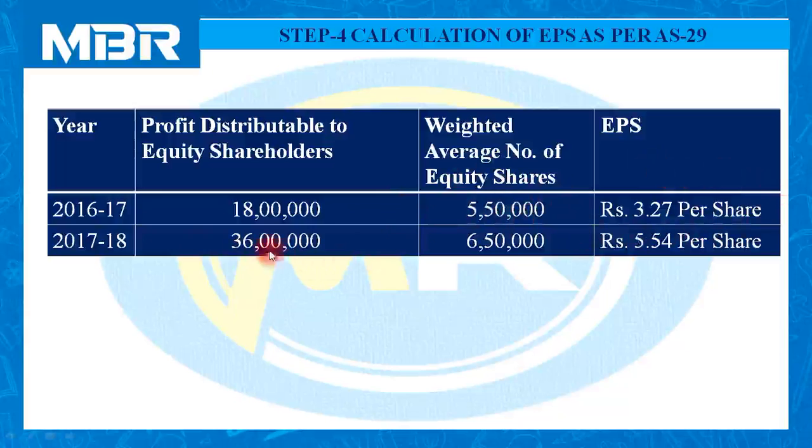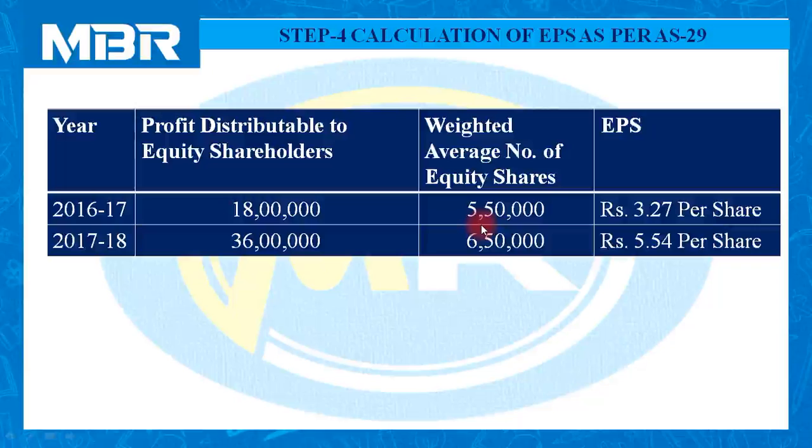And for the year 2017-18, information regarding profit distributable to equity shareholders, rupees 36 lakhs, is given to us in ready-made form. Using the guidelines given in accounting standard number 20, we have completed calculation of weighted average numbers of equity shares.